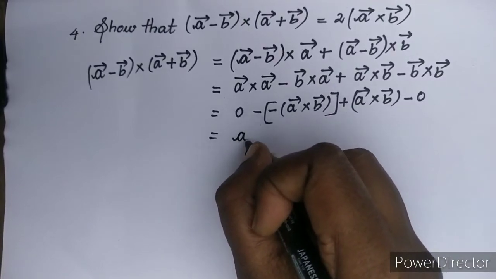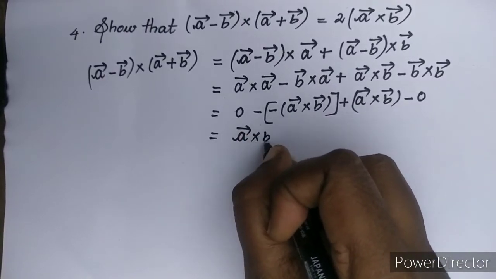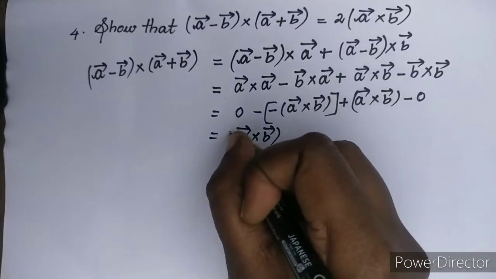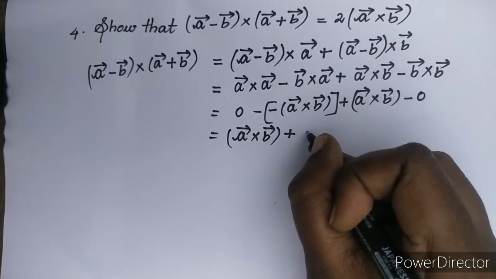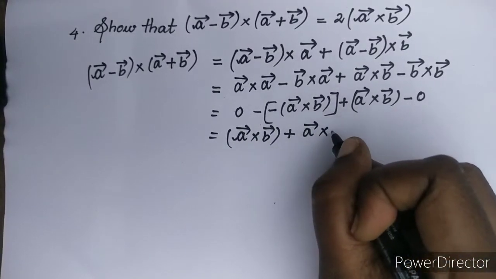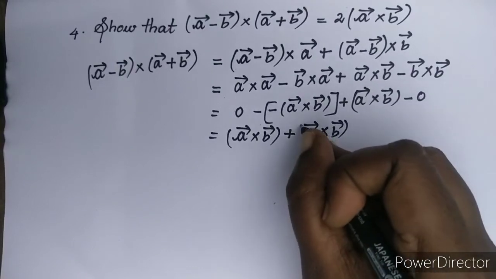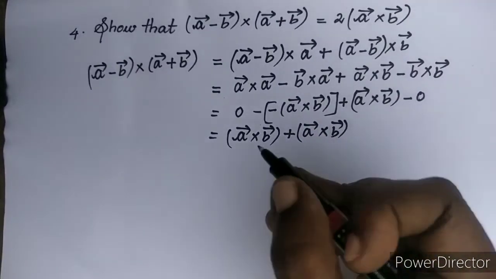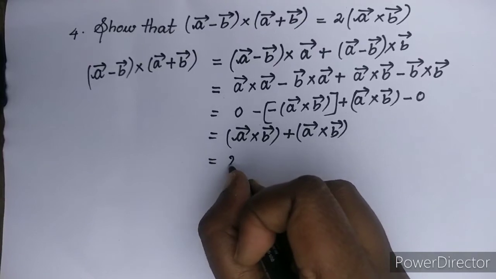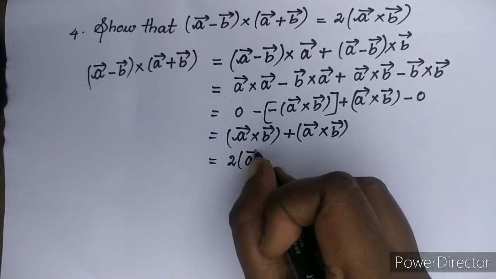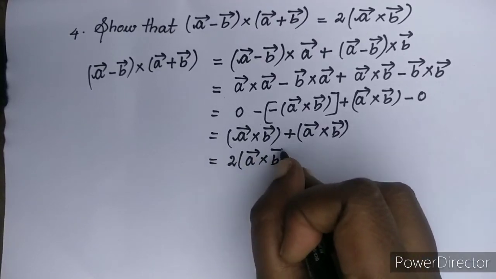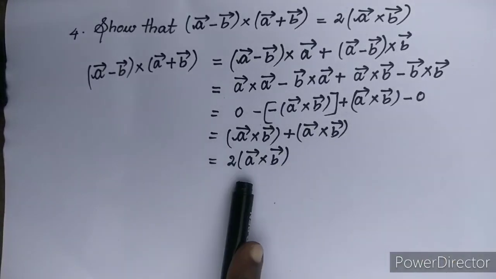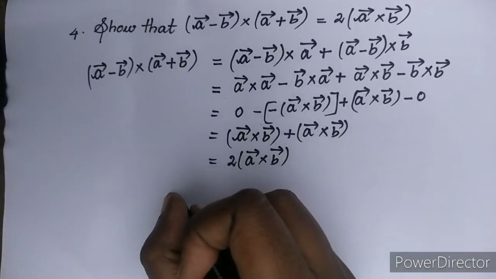So we will get A vector cross B vector plus again A vector cross B vector. A vector cross B vector plus A vector cross B vector is nothing but 2 into A vector cross B vector. So we have shown the right hand side. So hence proved.